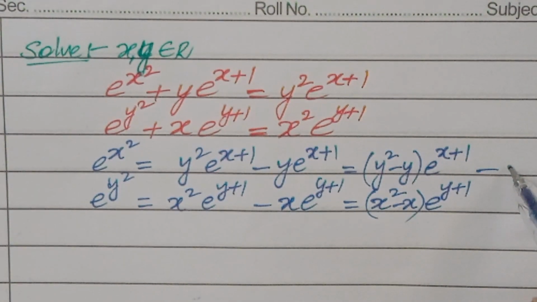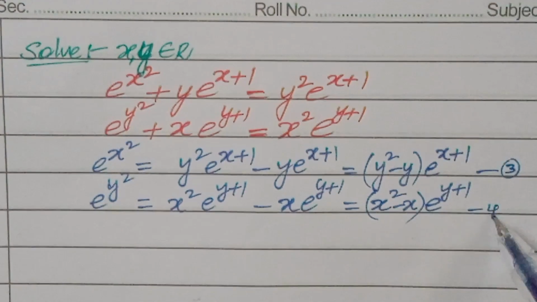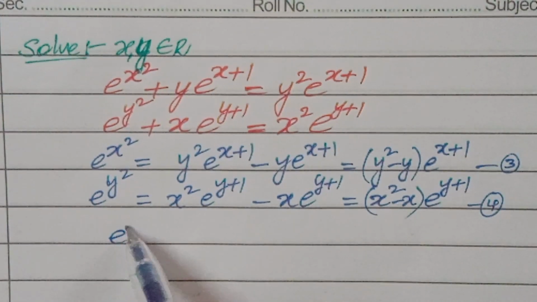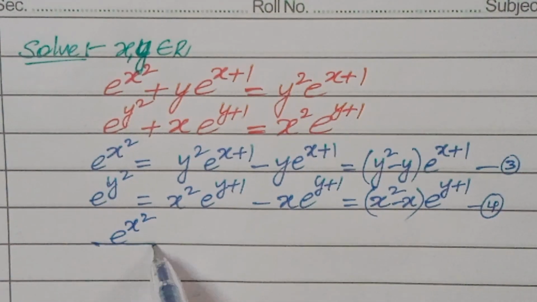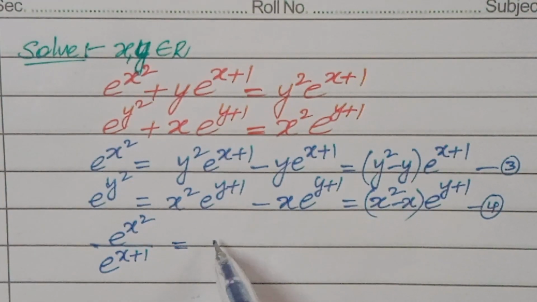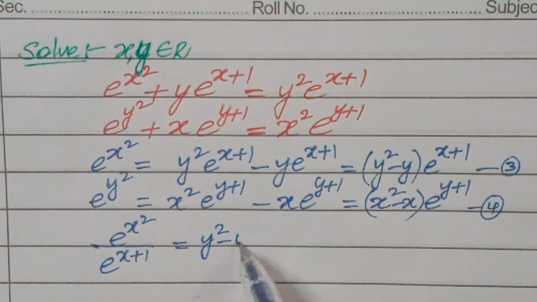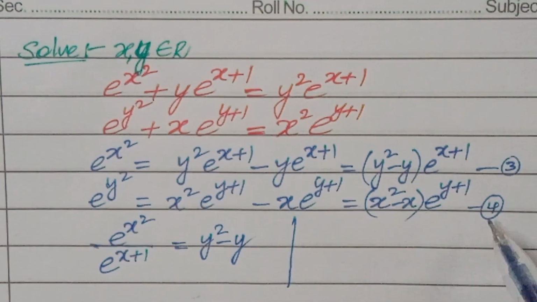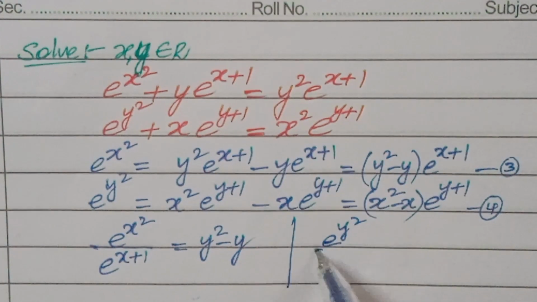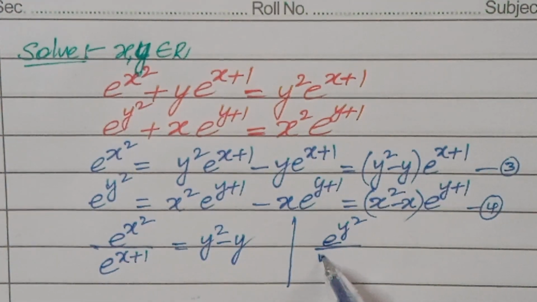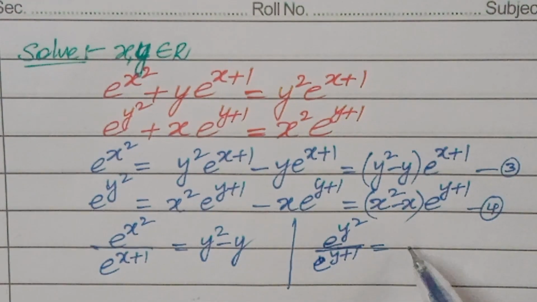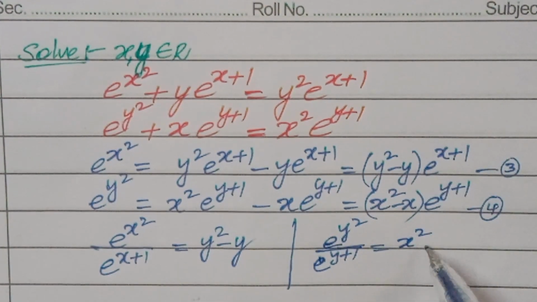Now, from equations 3 and 4, you can write e to the power of x square over e to the power of x plus 1 is equal to y square minus y. From equation 4, you can write e to the power of y square over e to the power of y plus 1 is equal to x square minus x.